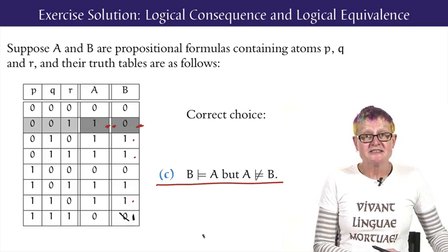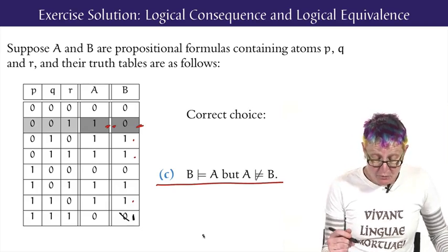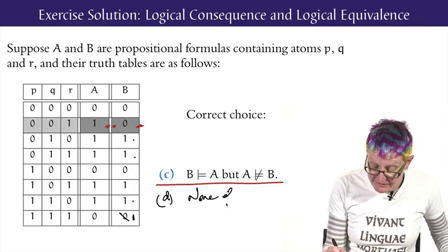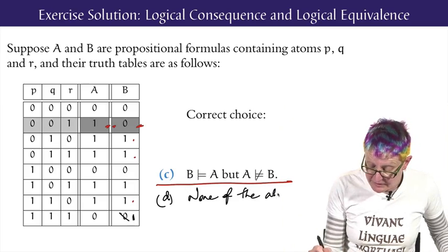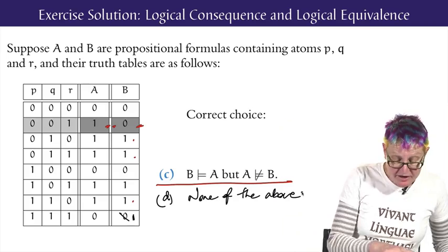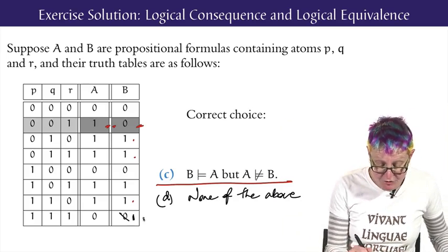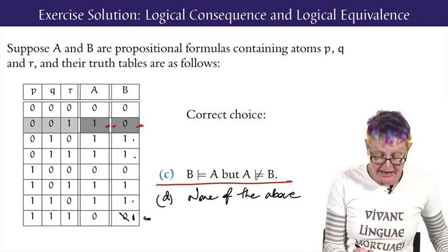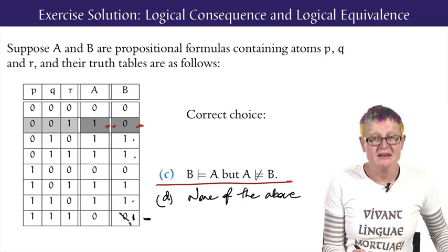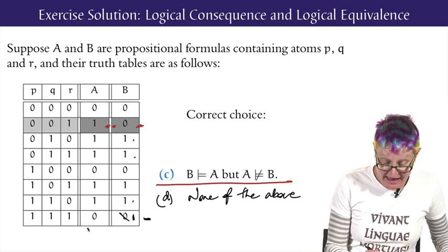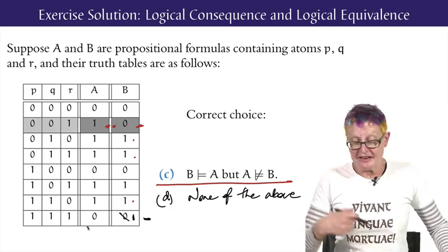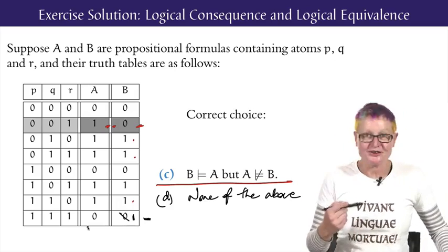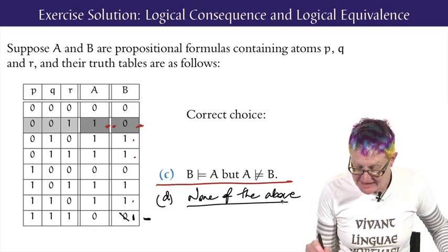In this case, we would end up with the answer D, none of the above, because this additional last row would show us that we do not have B logically entailing A. So we would have A not logically entailing B and B not logically entailing A, so the answer is none of the above.